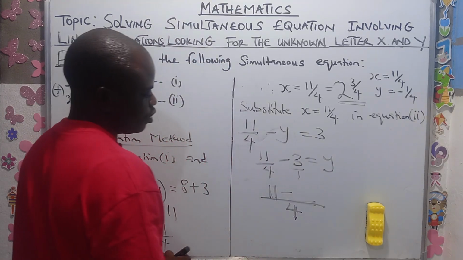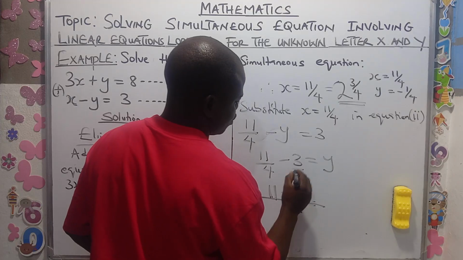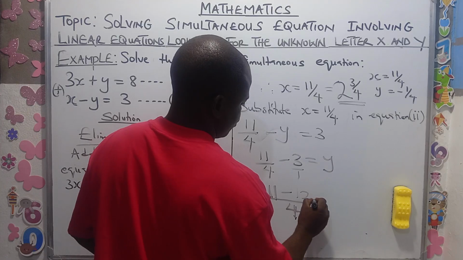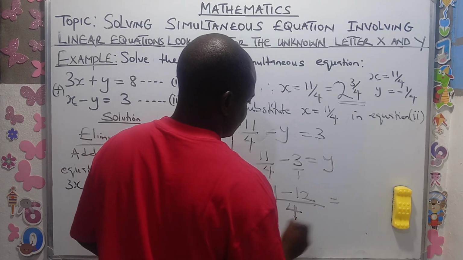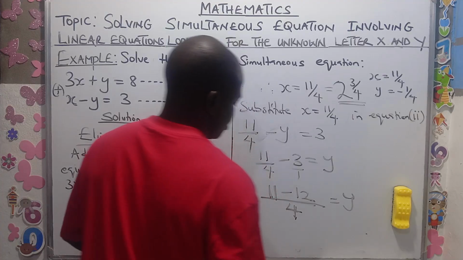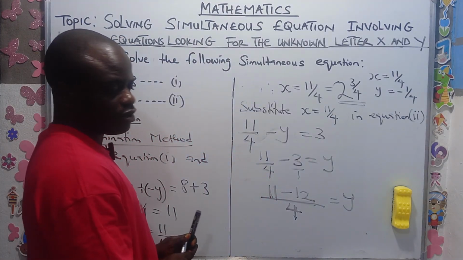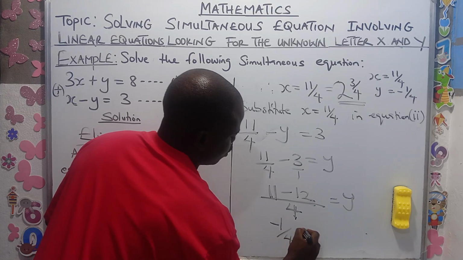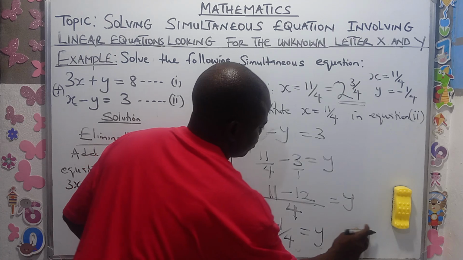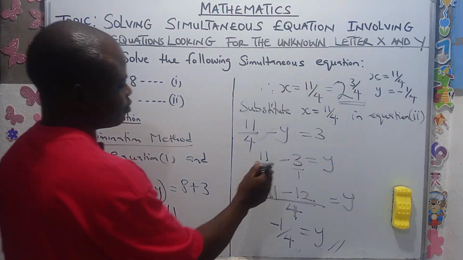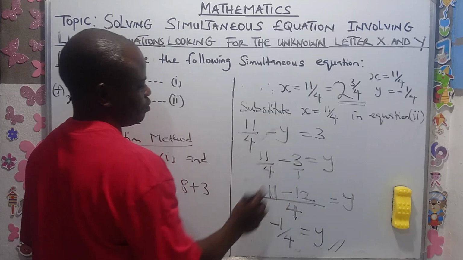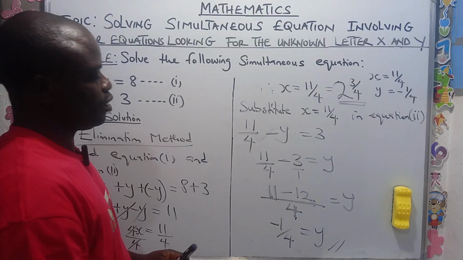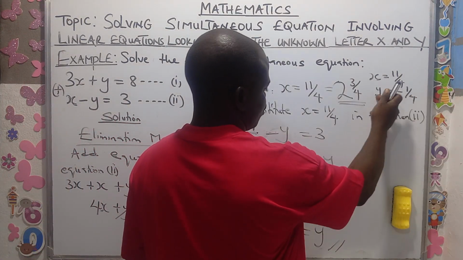Minus 1 goes in 4, that's 4, 4 times 3, that's 12. 11 minus 12, that's minus 1. Minus 1 over 4 equals y.